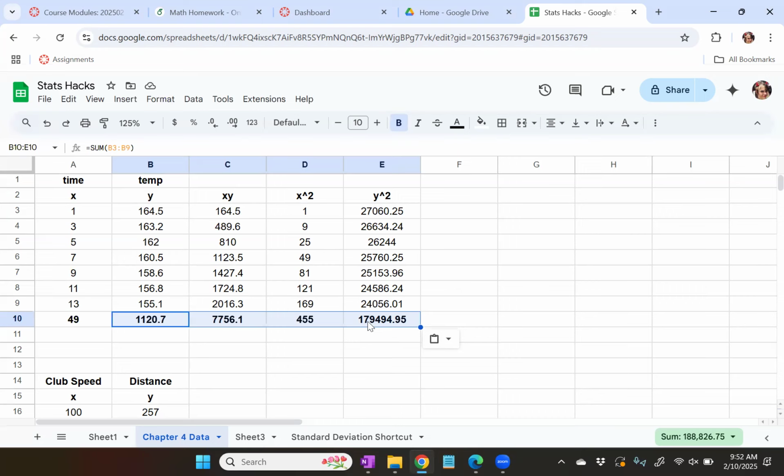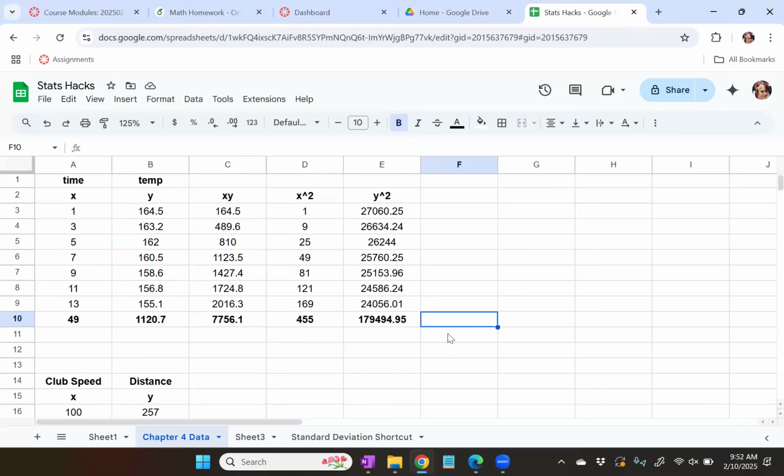Sum of my x squareds is 455. Y squares are 179,494.95. And I have 8 data values, so my n is 8. I'm going to rewrite those in a sec.